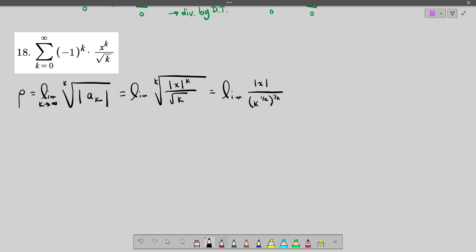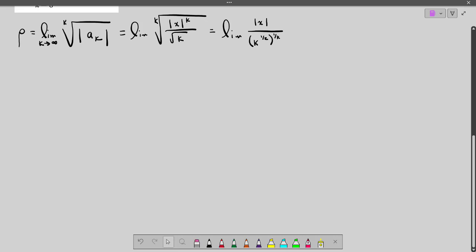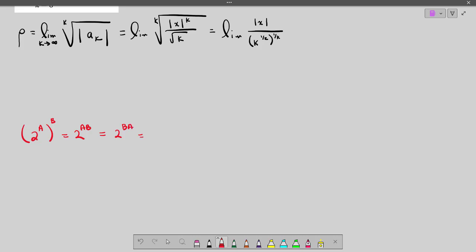Let me remind you of something with exponents. If you have 2 to the a raised to the b, you certainly could write that as 2 to the ab, which means you could write this as 2 to the ba, which means you could write this as 2 to the b to the a.